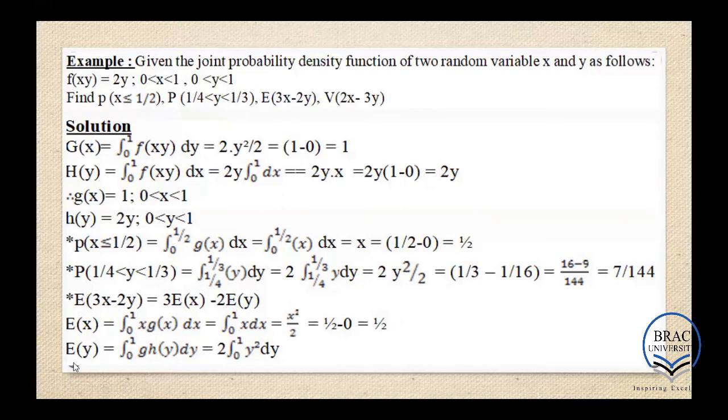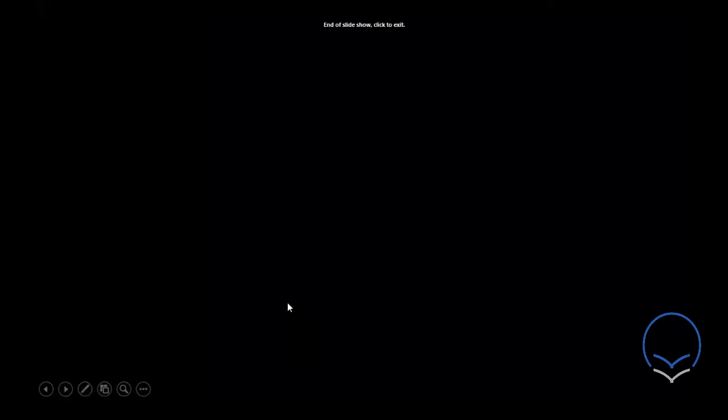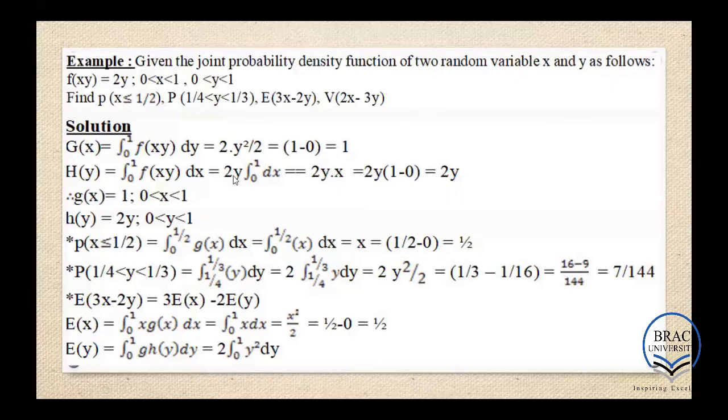And the expected value of y is the integration of y h of y dy, so it is 2 times the integration from 0 to 1 of y squared dy. By using this calculation, we can get the expected values of x and y, and then put these values here to get the expected value of 3x minus 2y.